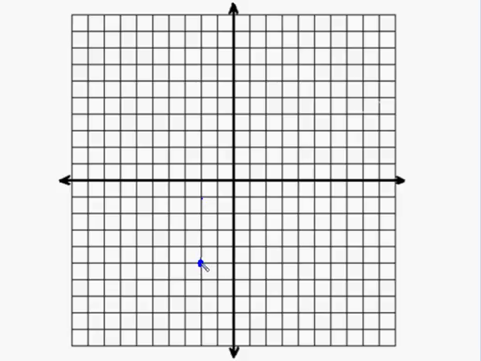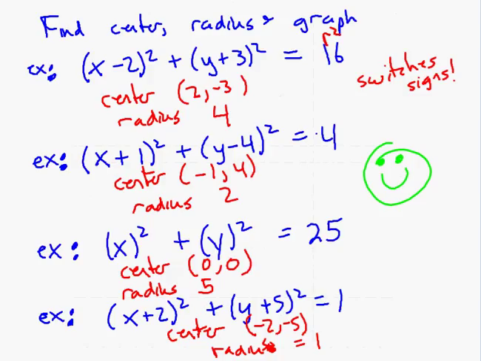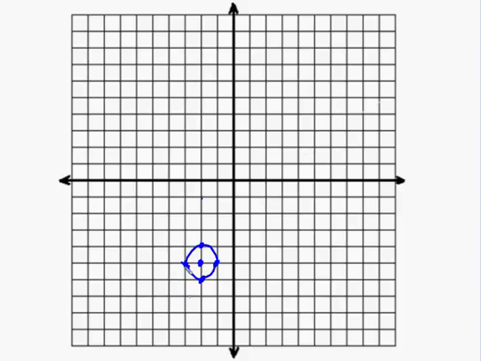And the radius is 1. So up 1, down 1, left 1, right 1. Yep. Little teeny beanie. Okay.